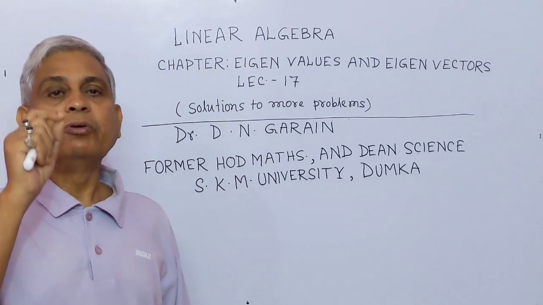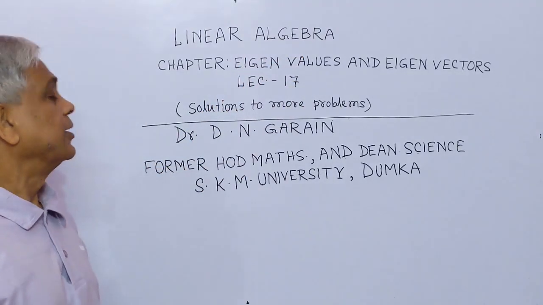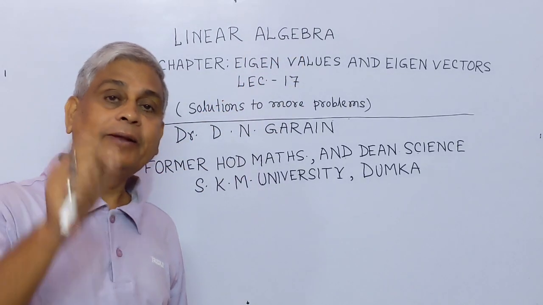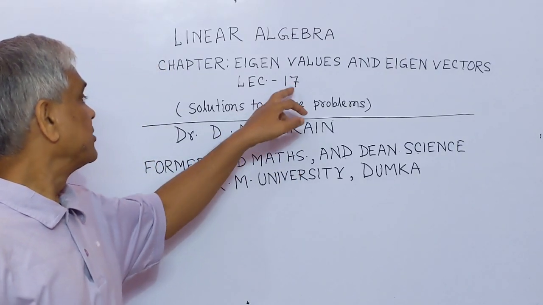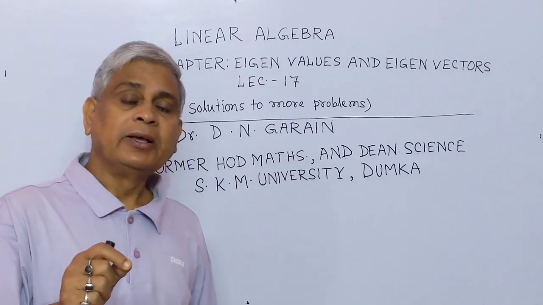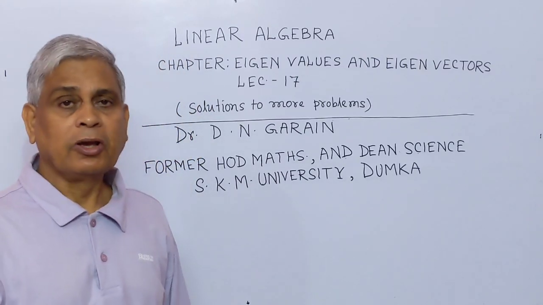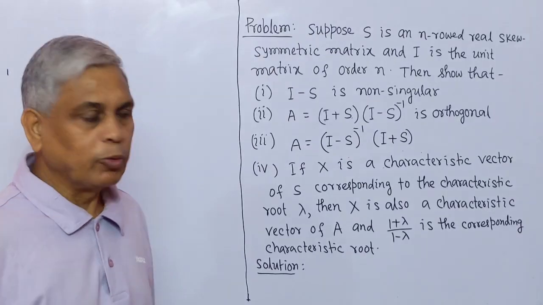Today I will deliver lecture on linear algebra chapter Eigenvalues and Eigenvectors, lecture number 17, in which I will solve some more problems of this chapter. Now we solve a problem.